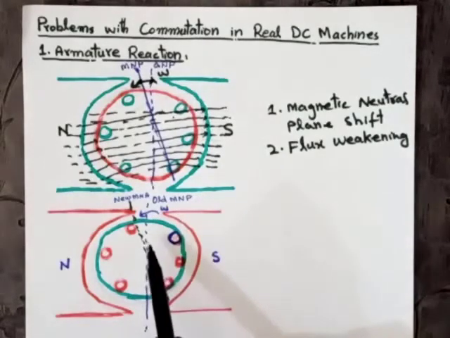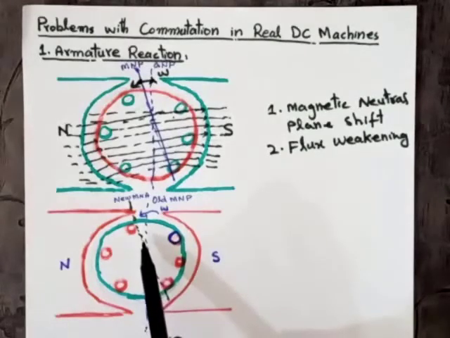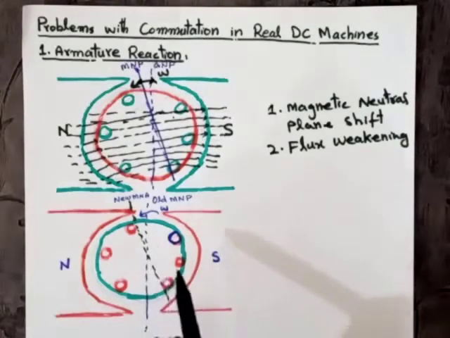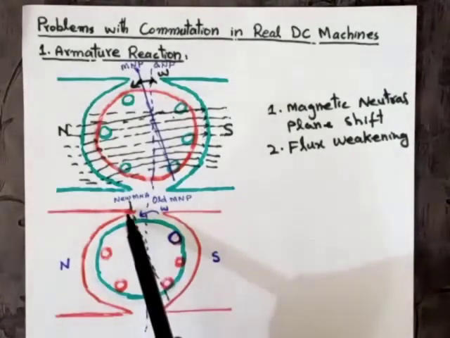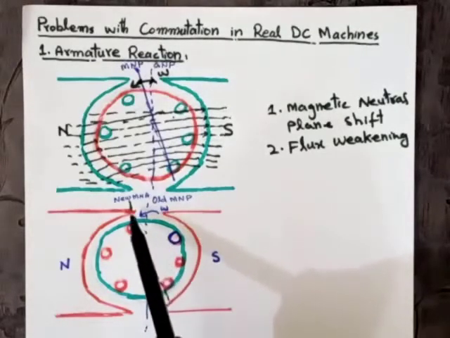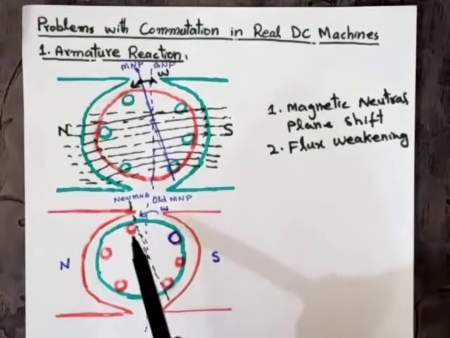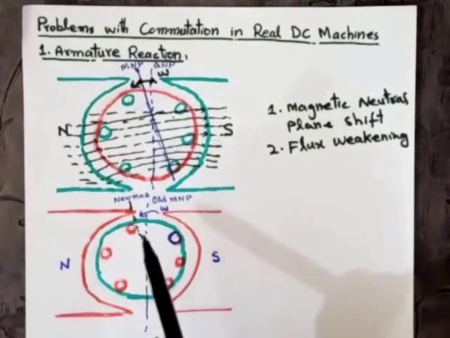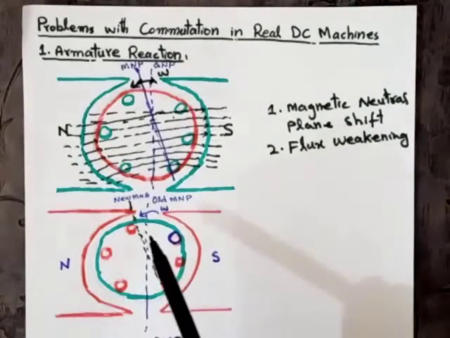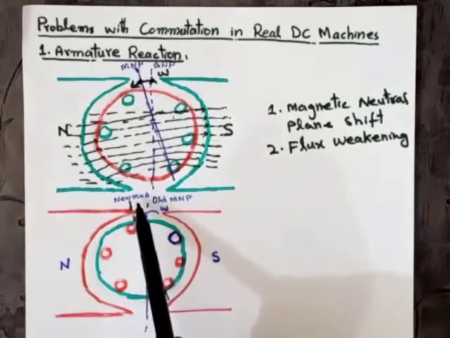When we connect the load across the armature winding, due to this, the magnetic neutral plane is shifted here. So the MNA or magnetic neutral plane is shifted in the direction of rotation in case of a generator. If the machine is a generator, then the magnetic neutral plane is shifted in the direction of rotation.